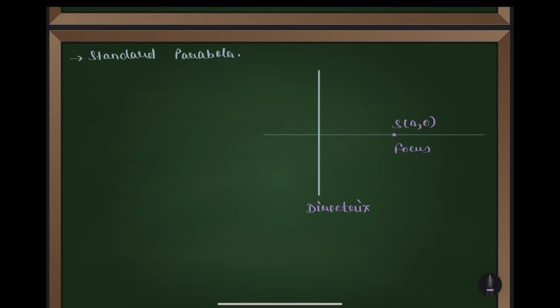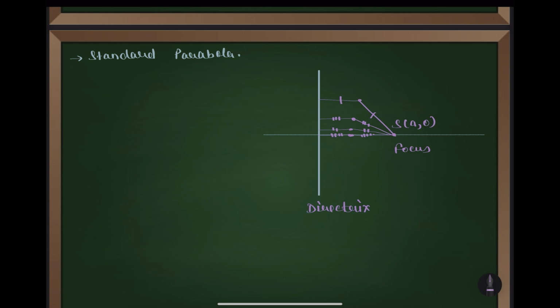Okay, so you know that P is allowed to move. And the distance of P from the point S and from the directrix has to be the same.